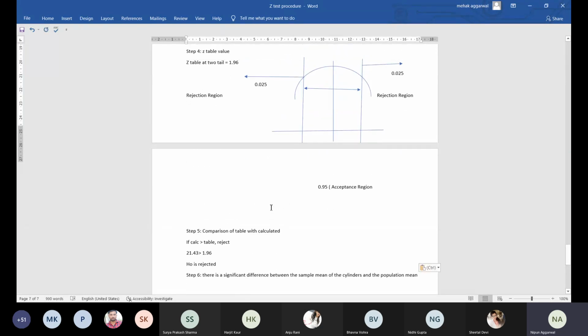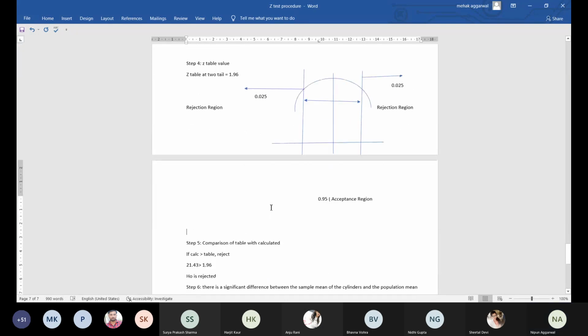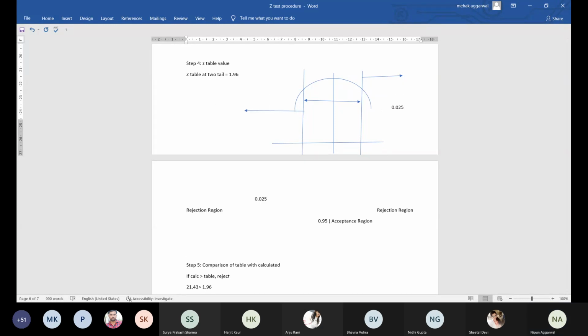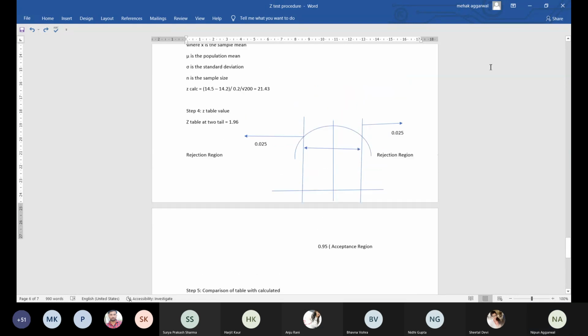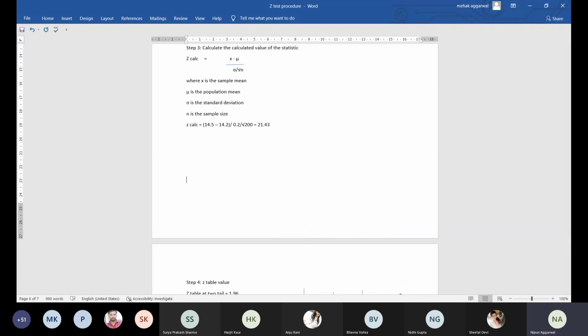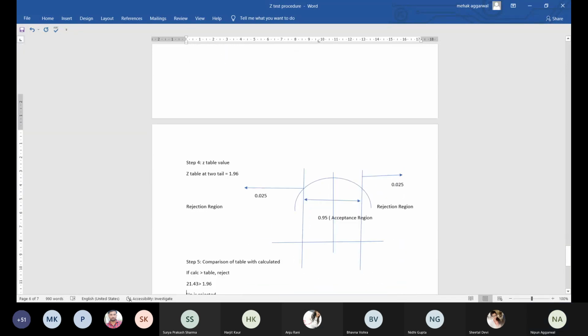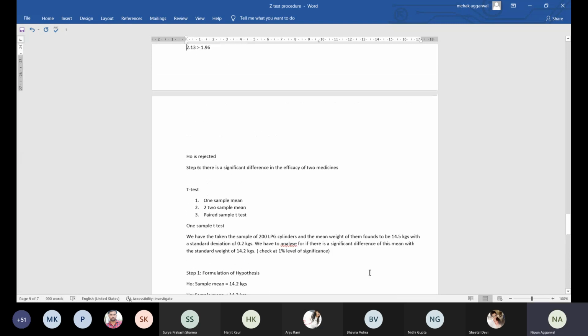Fine. So now the question says it is a 1 sample T test.